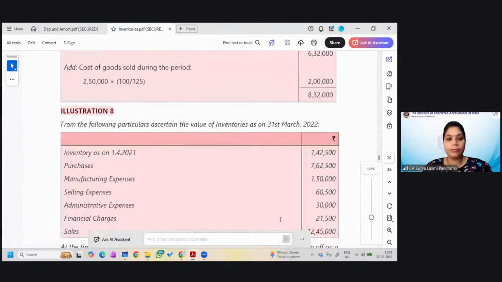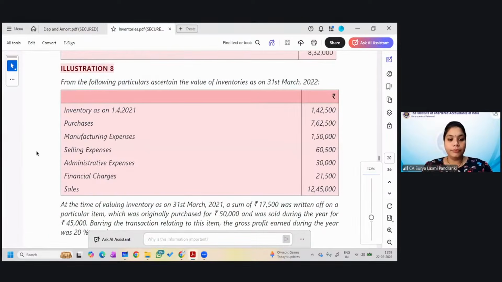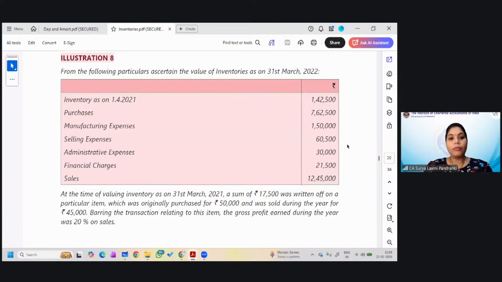Look at this question, everyone. They have given you the following particulars: ascertain the value of inventory as on 31st March 2022, right?